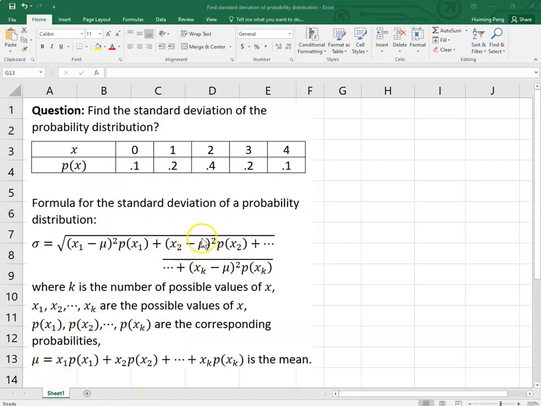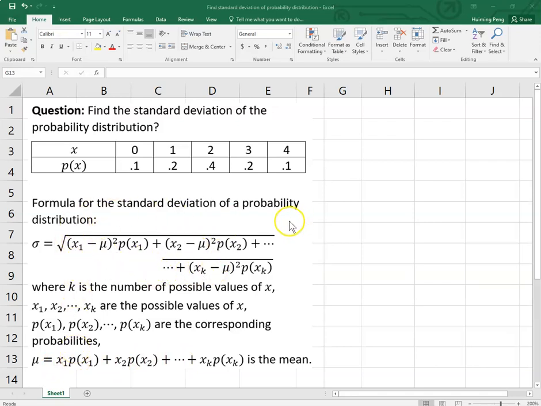And mu is the mean of this probability distribution. The definition is the possible value times the corresponding probability added together, which is the sum of the products of x and p. Now we look at sigma.